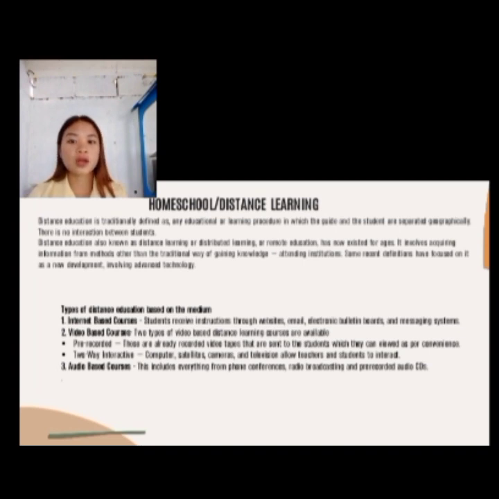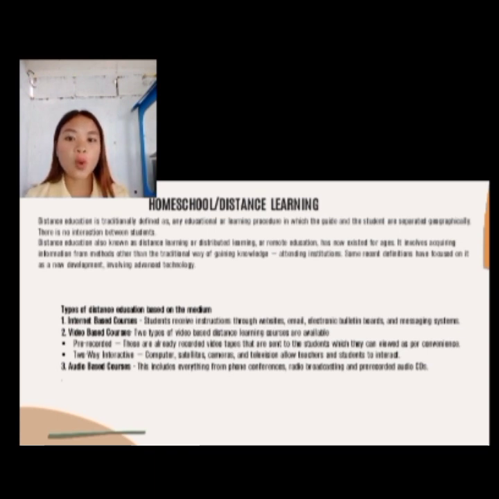Distance instruction, also known as distance learning, distributed learning, or remote education, has existed for ages. As we all know, distance learning has been implemented for a long time. Now face-to-face is back, but it is not also full face-to-face, because we also went through modular.